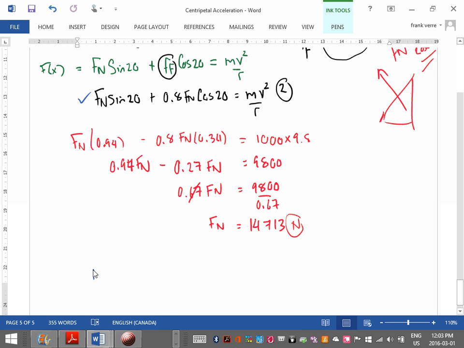So 14,713 times sine 20 plus 0.8 times 14,713 times cosine 20 is equal to the mass.